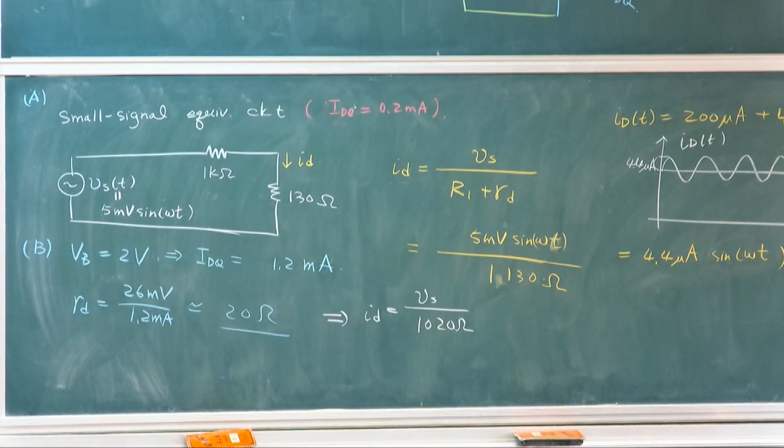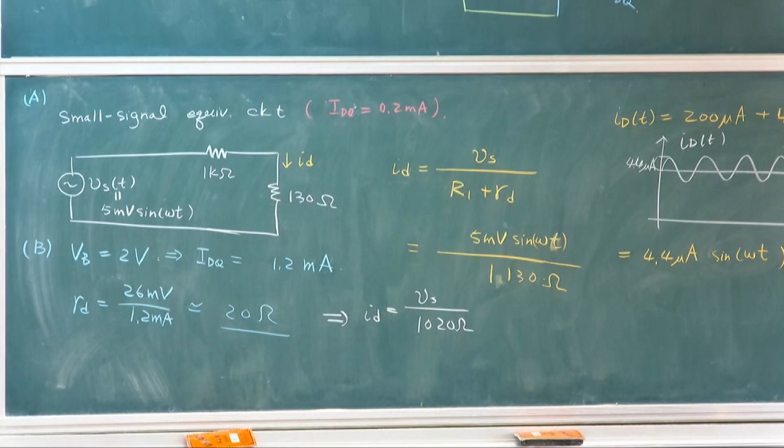Okay, so it will be a slightly higher small signal current, because I'm biasing at a higher level. So you should be able to adjust up and down at a different biasing point. It's good. Any questions?